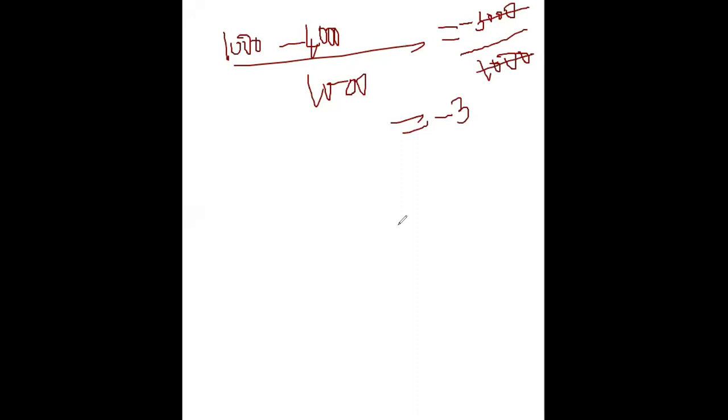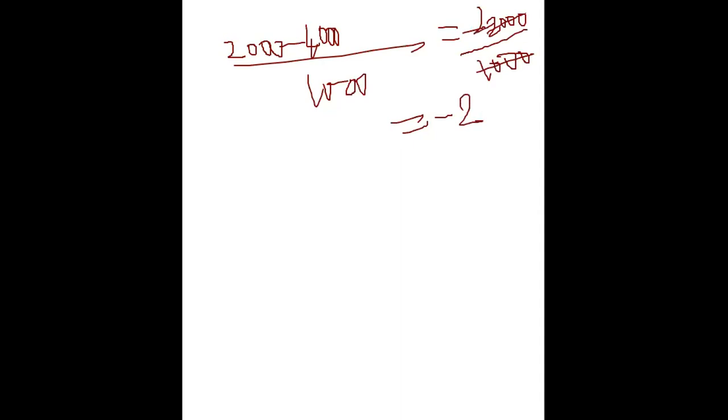Similarly, the next value is 2000. 2000 minus 4000 will give you minus 2000, and when you cancel, you get minus 2 as the value.